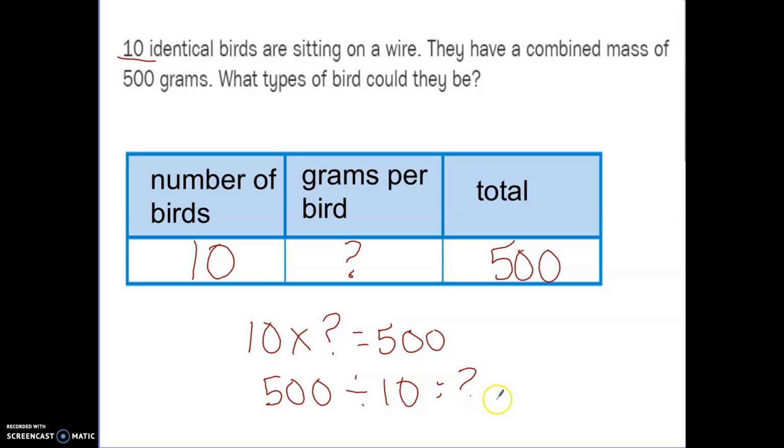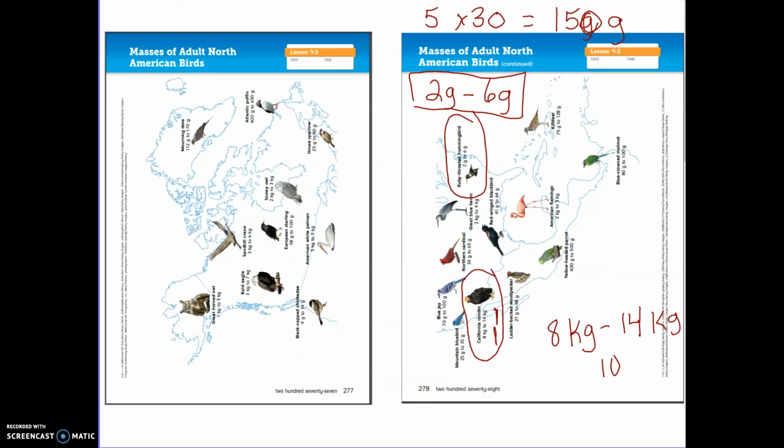So the answer is going to be 50, because I know that 10 times 50 is 500, so 50 grams. So now I have to go back to the poster and see if I can find a bird that is about 50 grams. So you look through that poster, see what you can find.